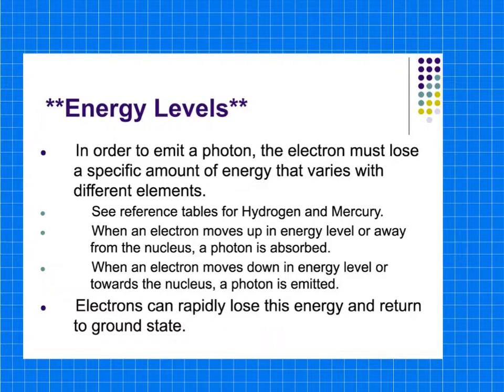So think about the force of attraction between the electron and the positive nucleus. If we're moving in the direction of that attraction, the electron does not need as much energy in order to be in an energy level such as ground state. But if we try to move away from the nucleus, the electron needs energy to do that. It requires energy to move against that force of attraction between positive and negative.